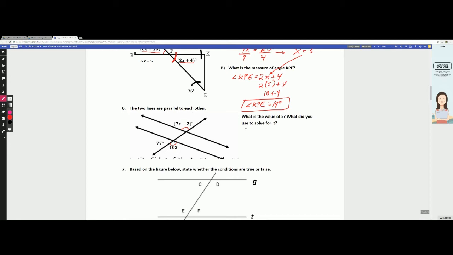So by alternate exterior angles, by that theorem, we know that 7x minus 2 should be congruent, or equal, to that 103 degrees. So I'll tell you what, the rest is on you. Go ahead and solve for x, okay?